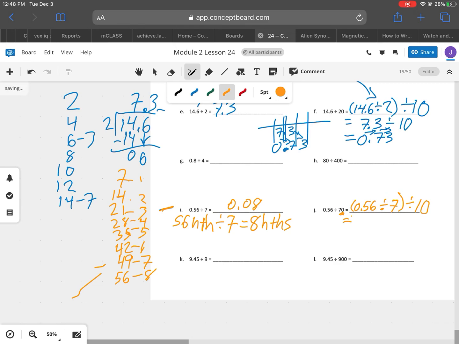So again, we have our answer of 8 hundredths, make that more of an 8, divided by 10, and so we're shifting one more spot over. Now those 8s don't want to participate. Alright, so that's a 0 here.